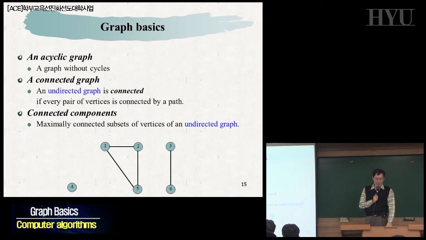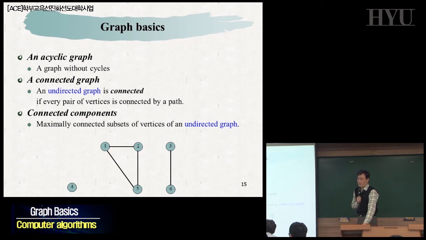And then I will explain 3 definitions. First, an acyclic graph. It's a graph without any cycles. And a connected graph is defined on undirected graphs.